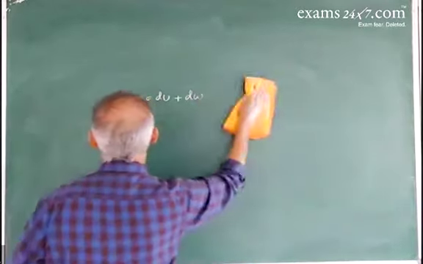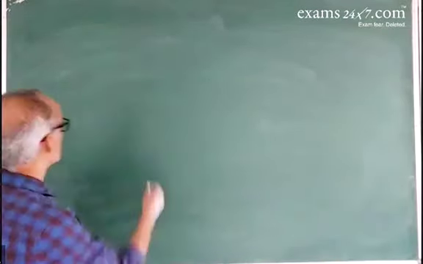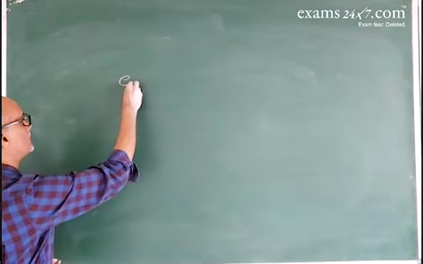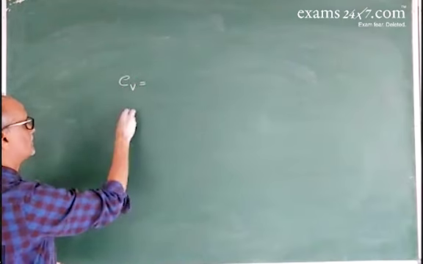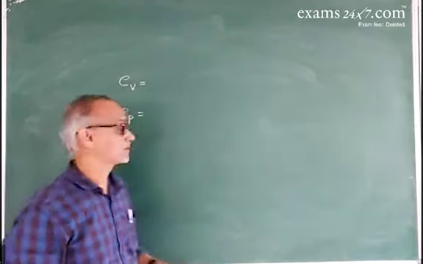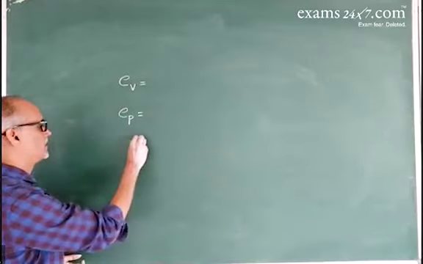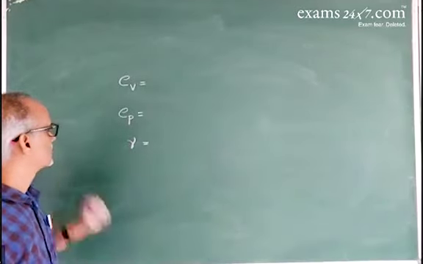In chapter kinetic theory of gases, we mainly measure the value of Cv, which is the specific heat at constant volume. We measure Cp, which is the specific heat at constant pressure, and then the ratio of the specific heats, which is gamma.